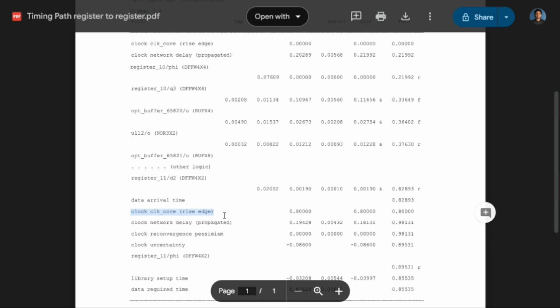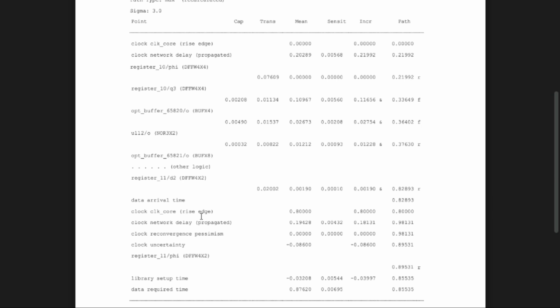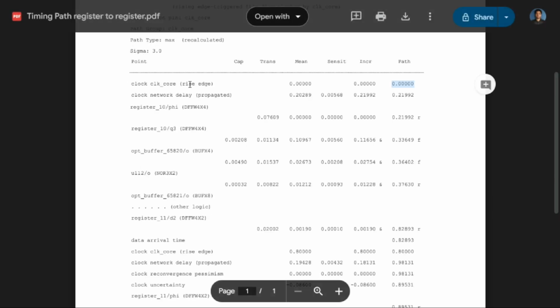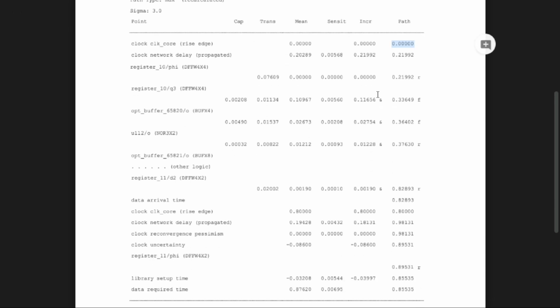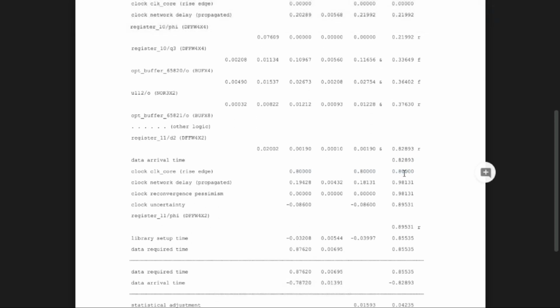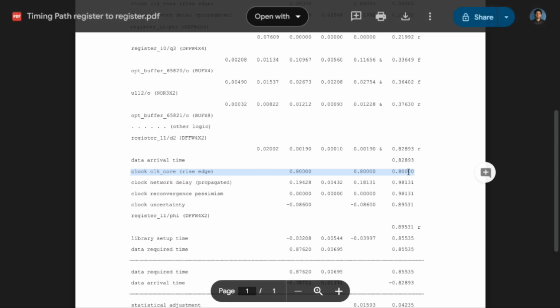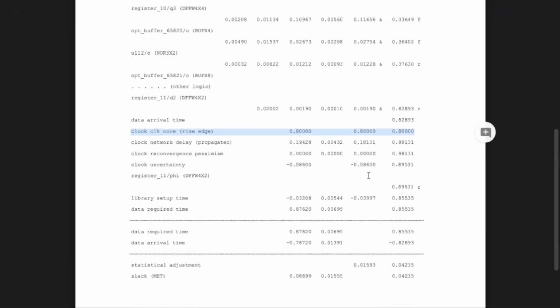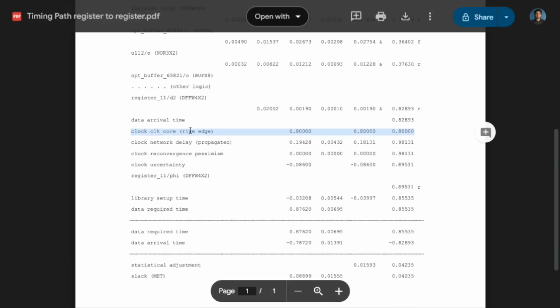But in case, let's say, this path was like clock was rising here and clock was falling here, in that case it would have got only half cycle. Okay. So because of that reason, you can see that the start point is basically 0 ps, and the end point is basically 800 ps, which is actually our period over here, which is one full cycle. Okay. So this is one important detail.